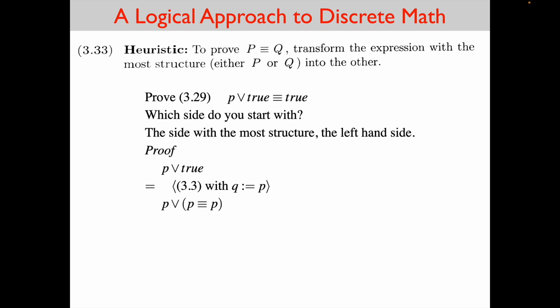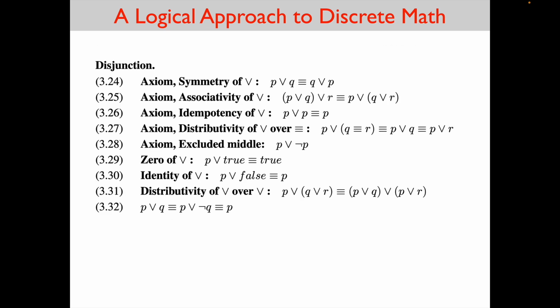Now, the next step, we're going to use one of these theorems we just looked at, 3.27, with Q and R replaced by P and P. Now let's see what that is. So here is 3.27, axiom distributivity of or over equivals.